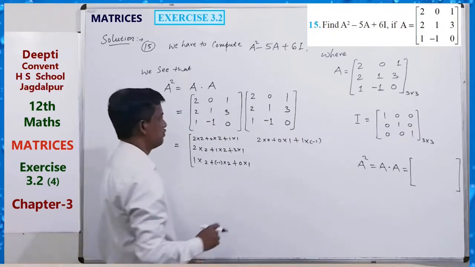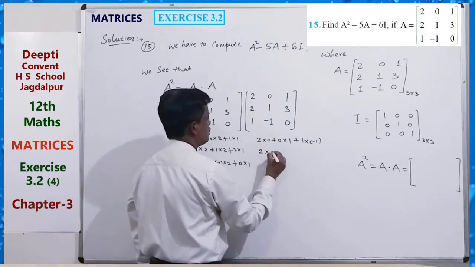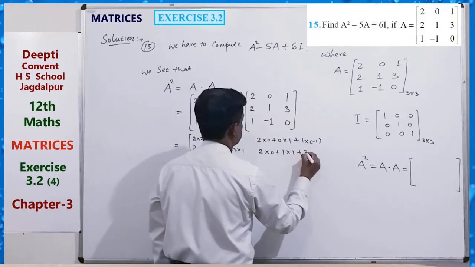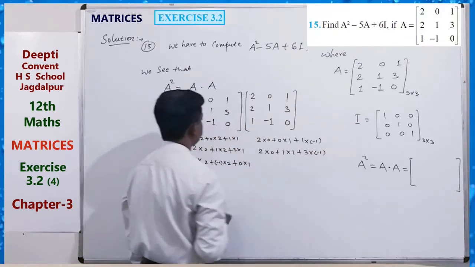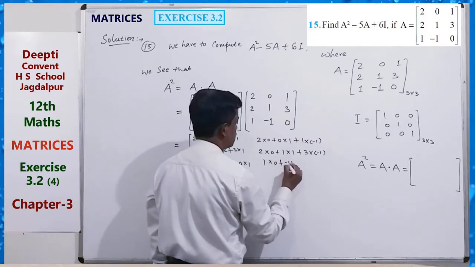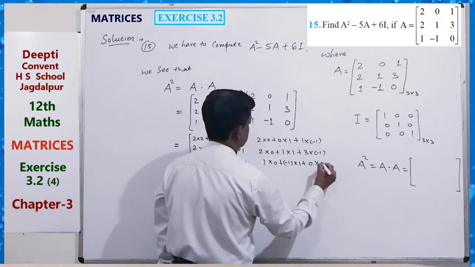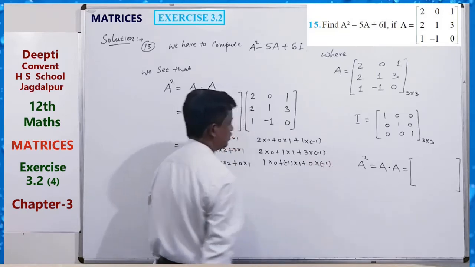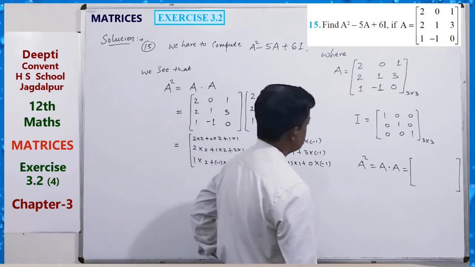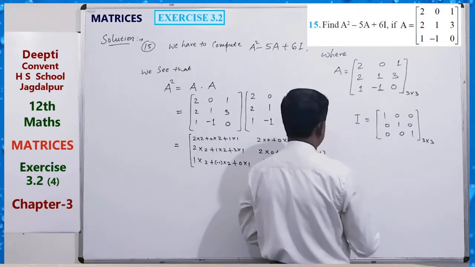Same process with 2, 1, 3: 2 into 0 plus 1 into 1 plus 3 into minus 1. Then 1 minus 1 0: 1 into 0 minus 1 into 1 plus 0 into minus 1. This is the second time.